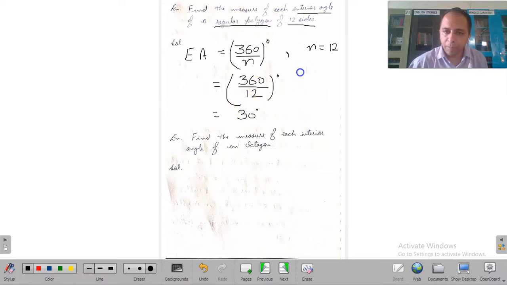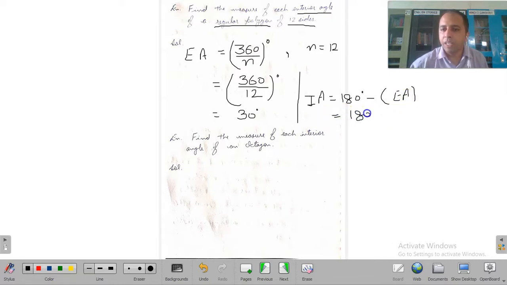Now if in the same question we have been asked about the interior angle, that is, what is the value of each interior angle? Can we find out? Definitely we can. The interior angle is equal to 180 degrees minus the value of the exterior angle. We have seen this in the formula.